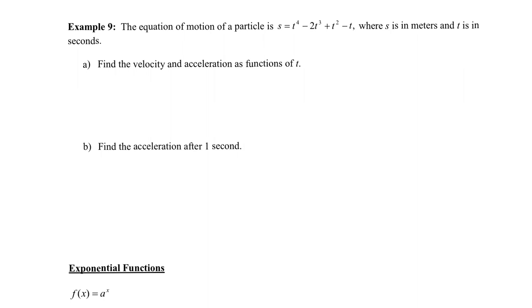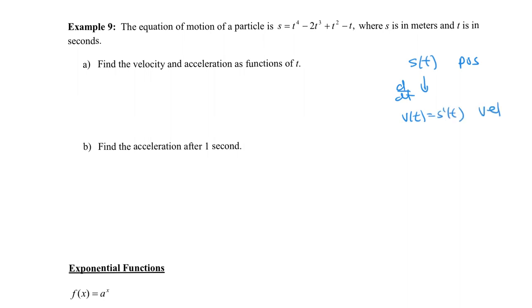So to find the velocity, remember we've got an equation of motion. So we've got a position function. So if you remember, if we've got a position function like s of t, this is position, and we take the derivative of this with respect to t, we'll get the velocity, which is the derivative of position, right?